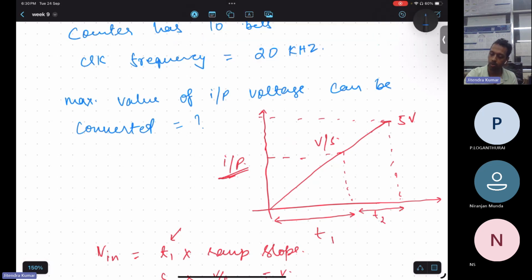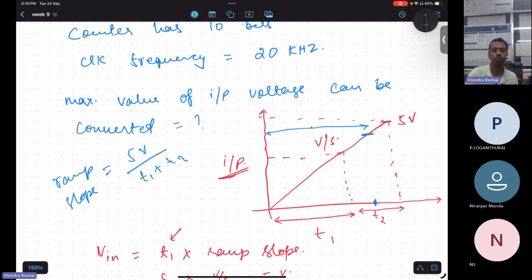Let us suppose you have to measure the input value at this instant, so you have to stop your counter at this instant. Since you have the 5 volt, the ramp slope in this case will be 5 volt divided by t1 plus t2, isn't it?